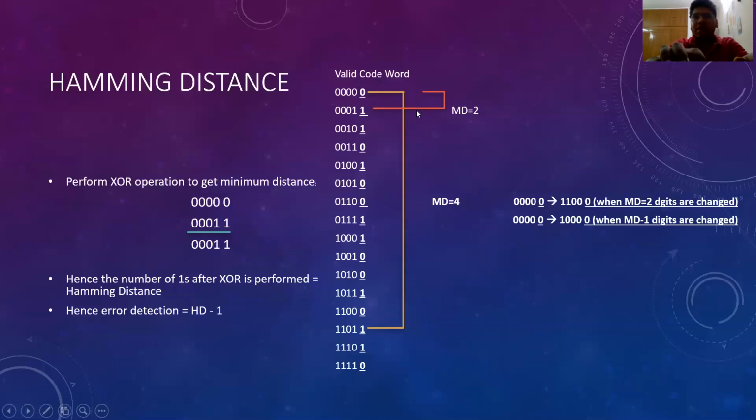But when XOR is performed on each and every data message, we get different values. In this whole series of messages, we get 2 as the minimum distance, which means there are 2 ones, which are the minimum here after the XOR operations.